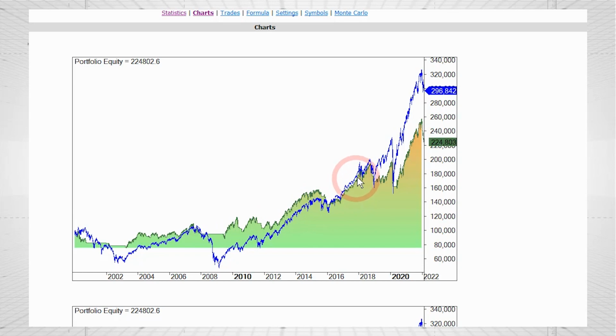Then we got some big gains and then a bunch of choppy action and then a huge gain from the COVID low all the way up until the high in November. Buy and hold is the blue line. And you can see that the 200-day was holding up better, performing better up until 2018 or so. And that's when buy and hold really started breaking away and outperforming.